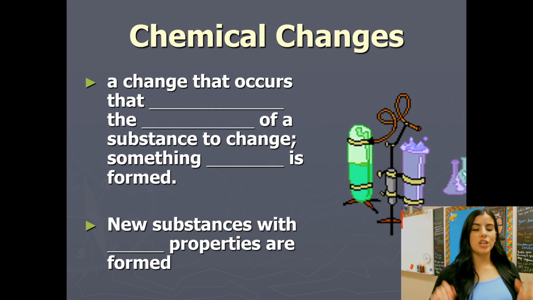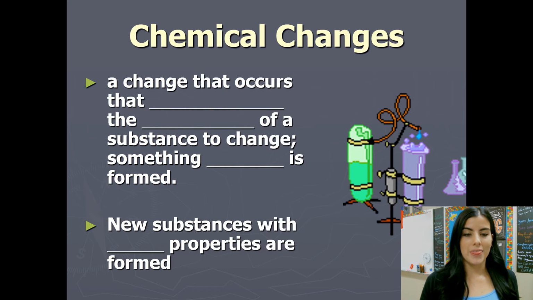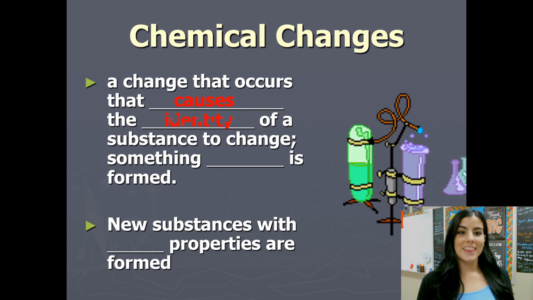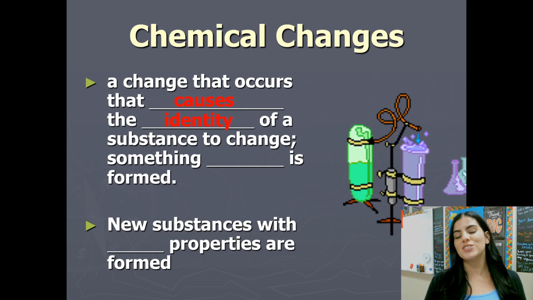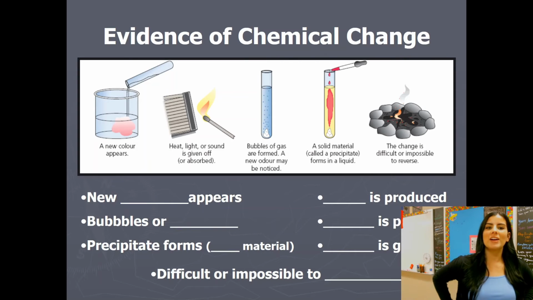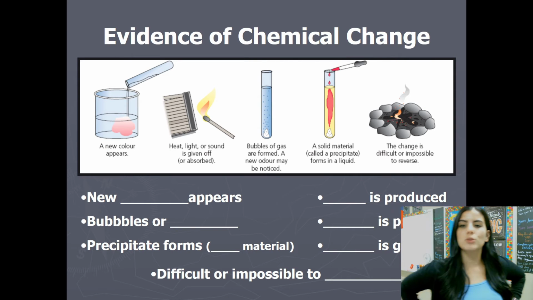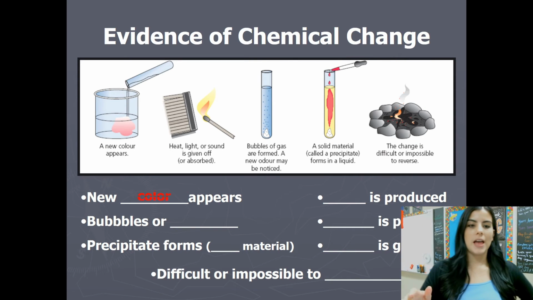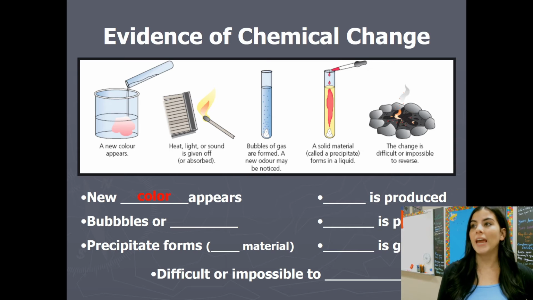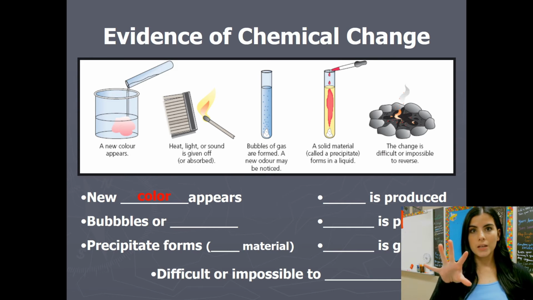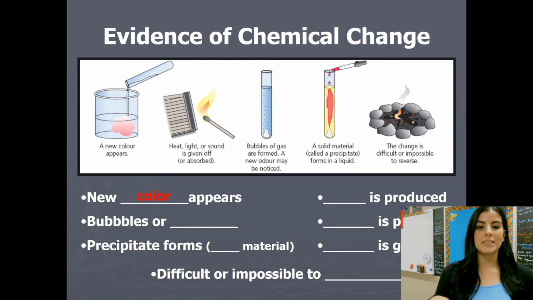Chemical changes, a change that occurs that causes the identity of a substance to change. Something new is formed. New substances with new properties are formed. All right, here are some evidences of chemical changes. So a new color appears, so a change in color, like in that first slide, how it went from red to black, that's a chemical change.